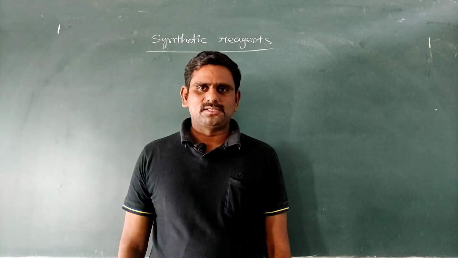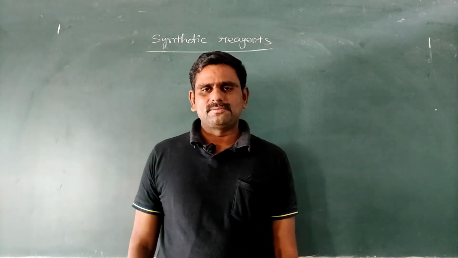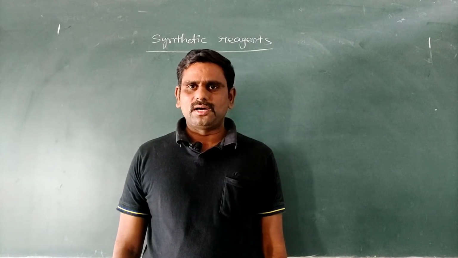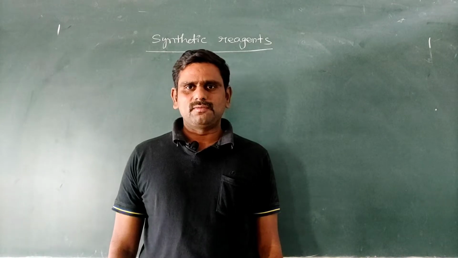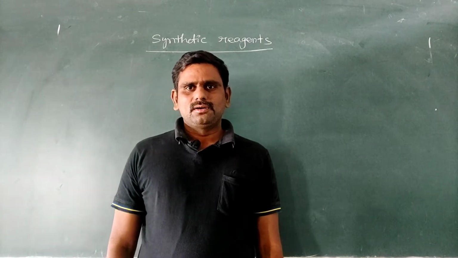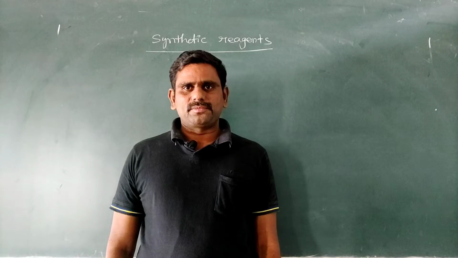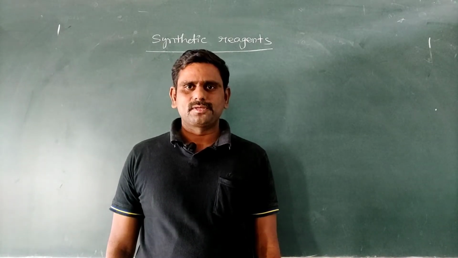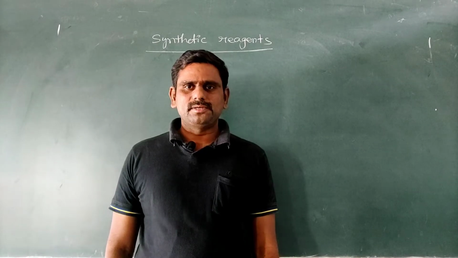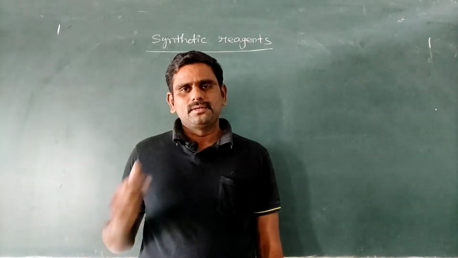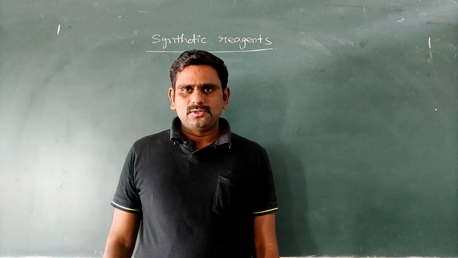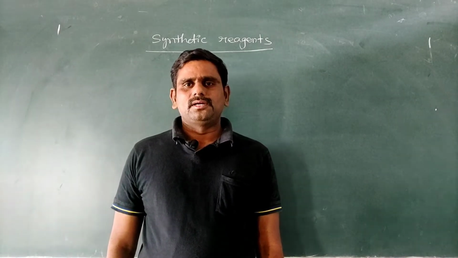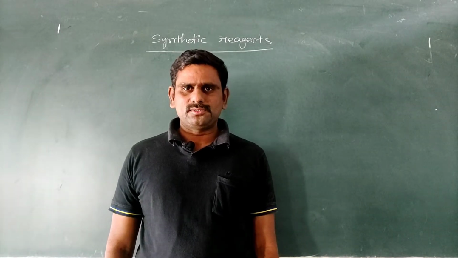What is the meaning of oxidation? Oxidation means addition of oxygen or removal of hydrogen or losing of electrons. When in a chemical reaction the oxidation number increases, that process is also said to be oxidation. Reduction means addition of hydrogen or removal of oxygen, and addition of electrons is also reduction.